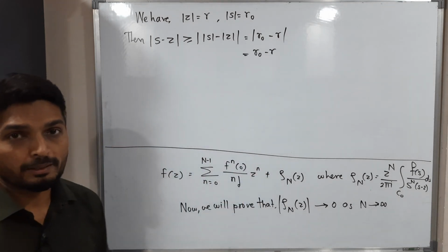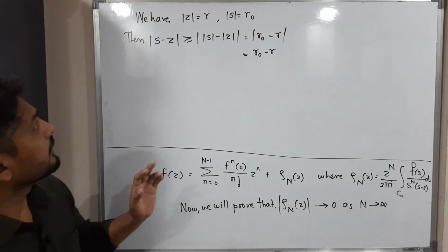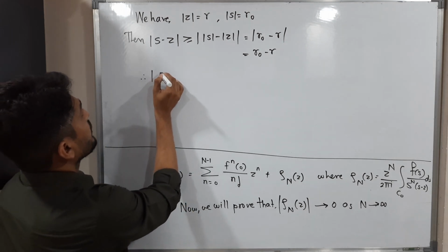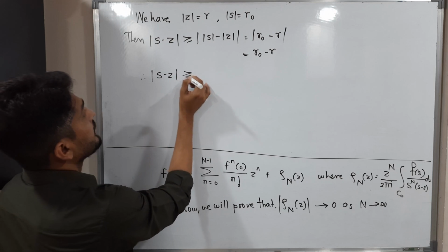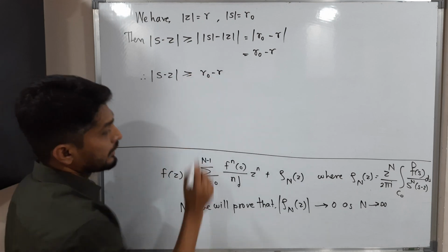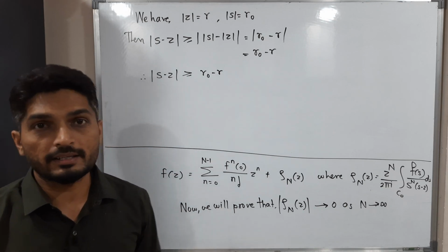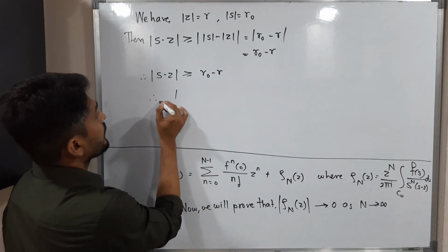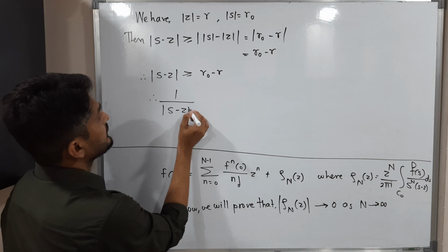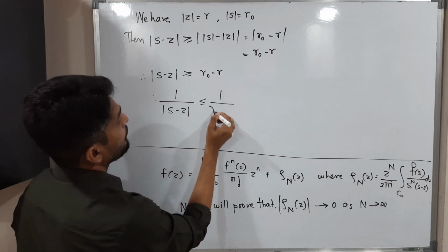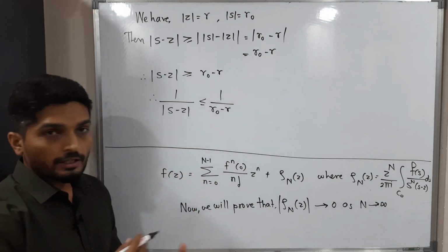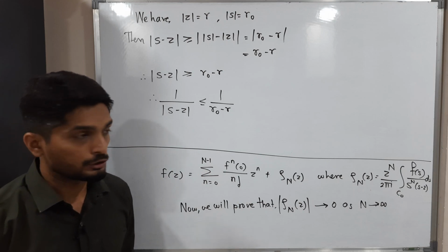Clearly r naught is greater than r, so r naught minus r is positive. Therefore mod s minus z is greater than or equal to r naught minus r. But that term is in the denominator, so let us take reciprocals: 1 upon mod s minus z is less than or equal to 1 upon r naught minus r. If you take the reciprocal, the inequality gets reversed.